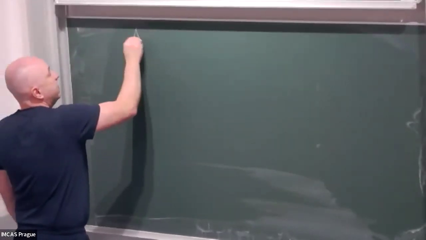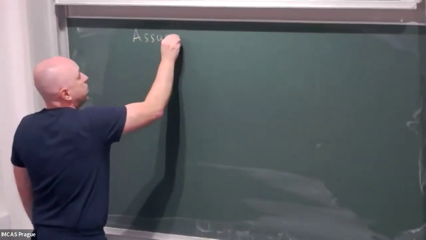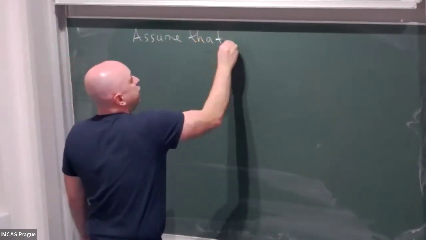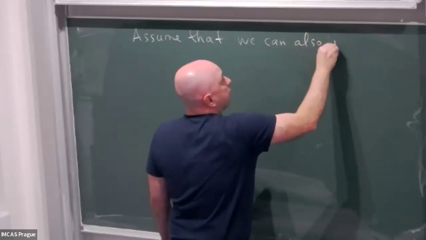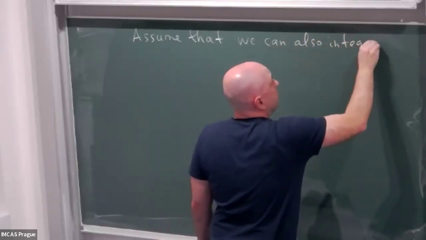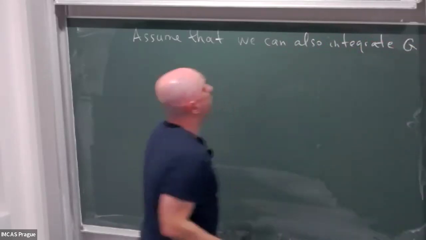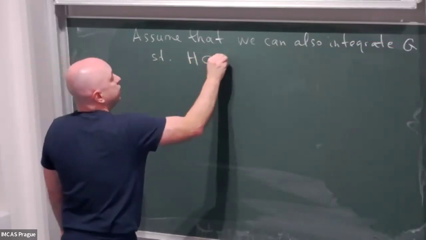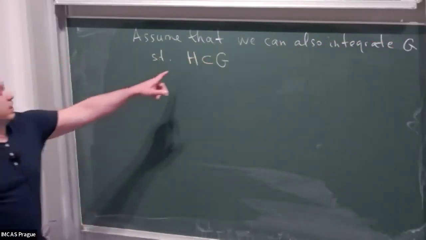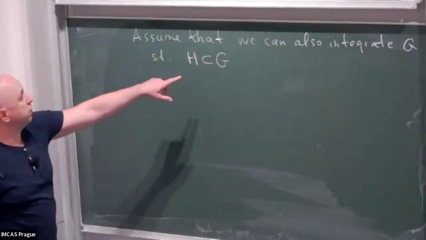Assume that we can also integrate G such that H will become a subgroup of G, a Lie subgroup of G.